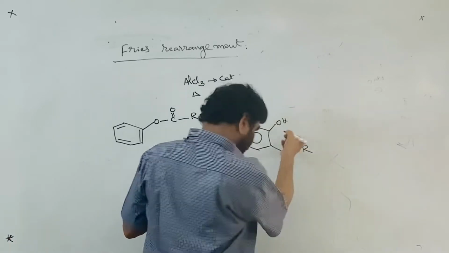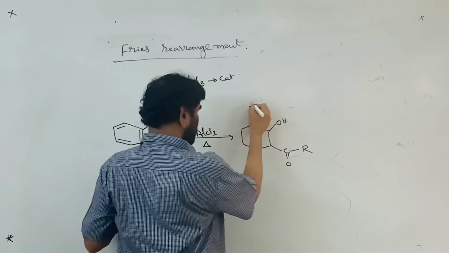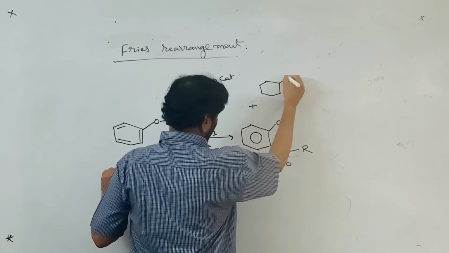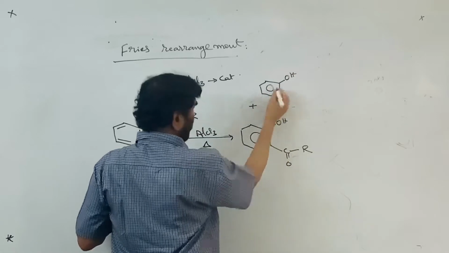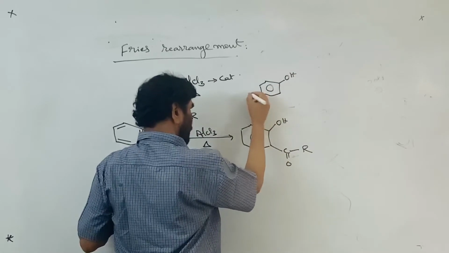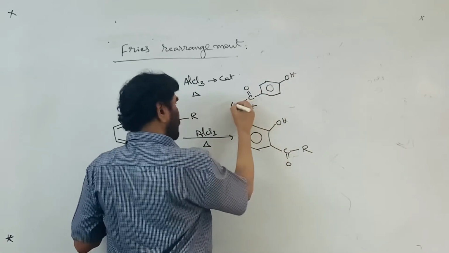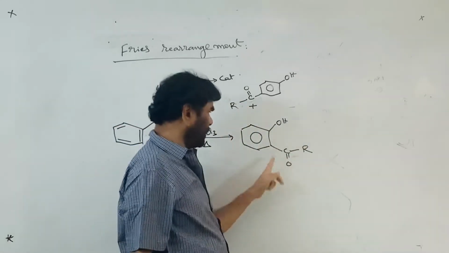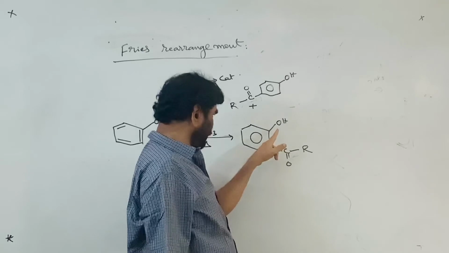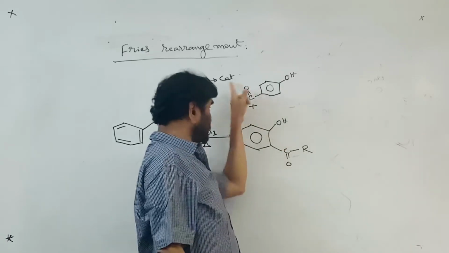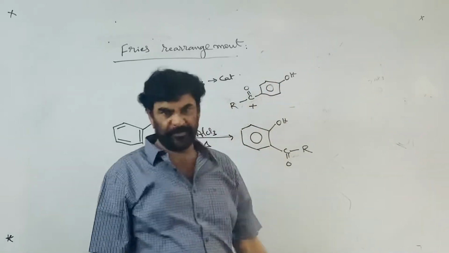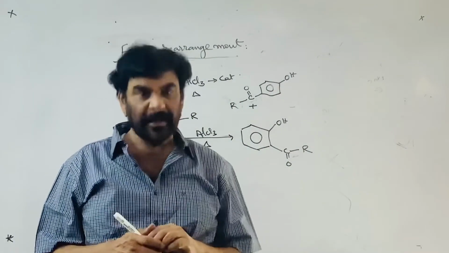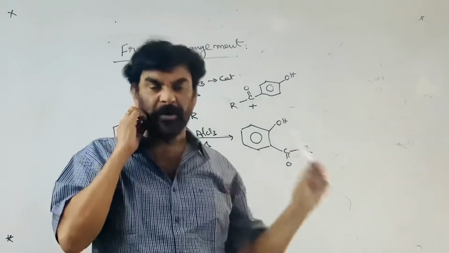The group migrates into the ring. Plus, this is also formed, at the para position. Ortho-acyl phenol and para-acyl phenol: we are preparing the aromatic ketones containing the phenolic OH.